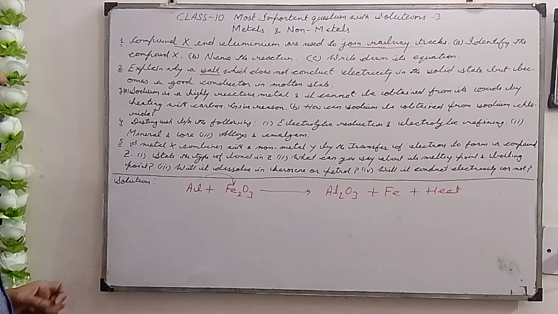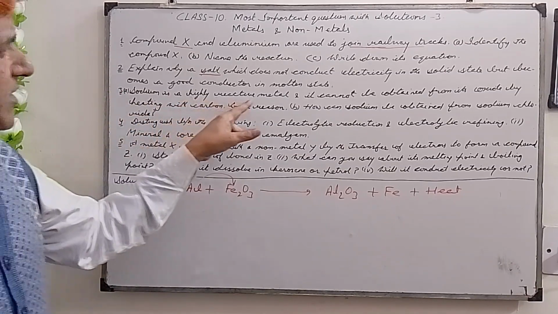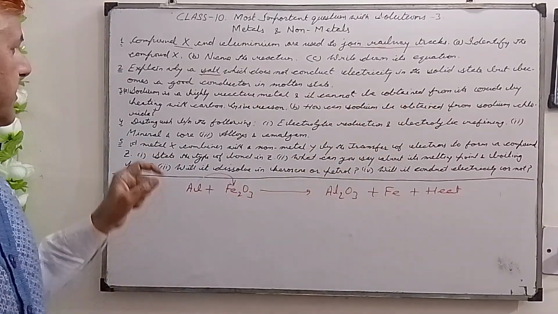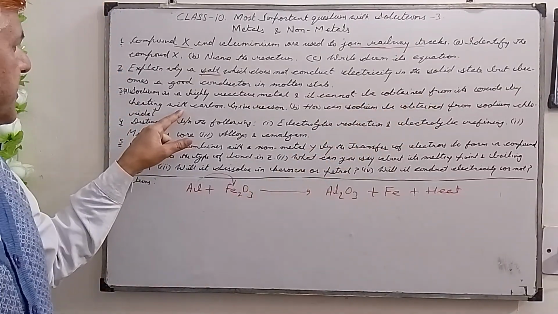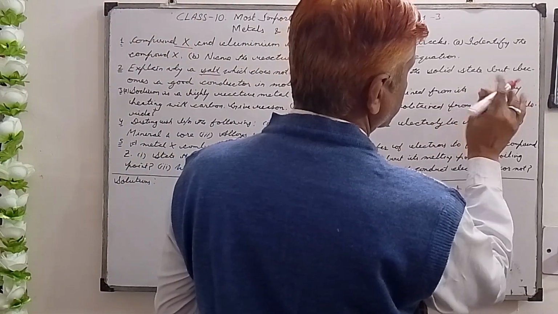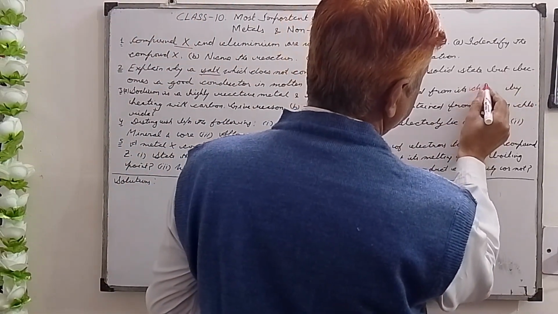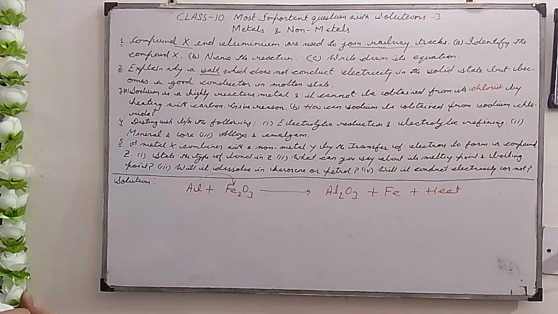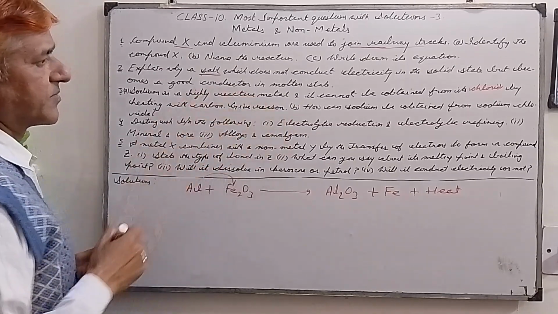Question number 3, part A. Sodium is a highly reactive metal and it cannot be obtained from its chloride by heating with carbon. Give reason.